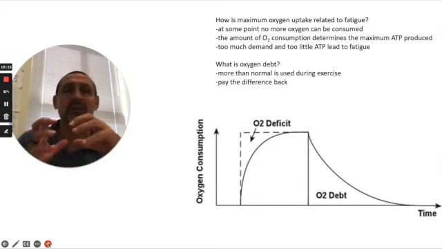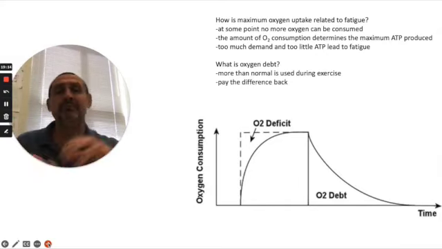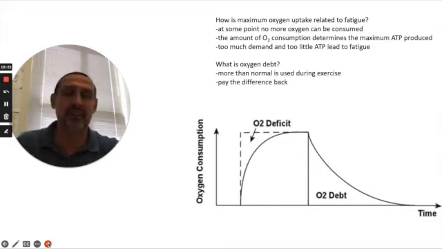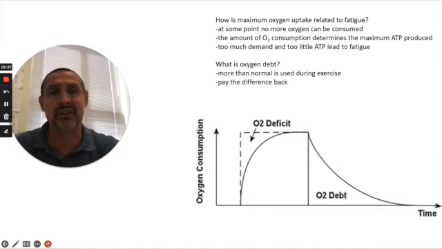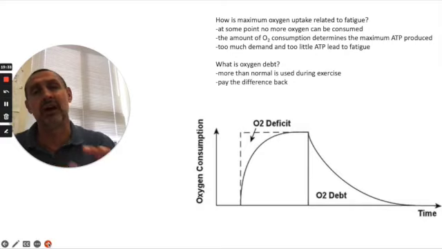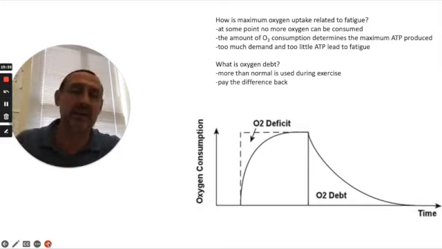We don't have enough. We're demanding more oxygen and ATP than we can supply. That leads to fatigue. So we go to this place where we have to pay that difference back. So we're breathing rapidly for a while after exercise to get our body to switch back over to aerobic respiration, to produce a lot more ATP so that we can have energy again.